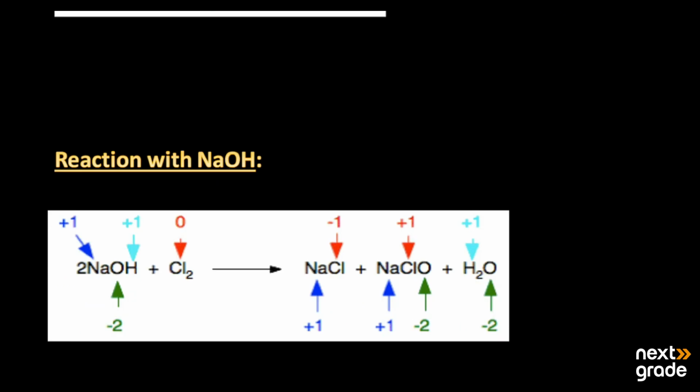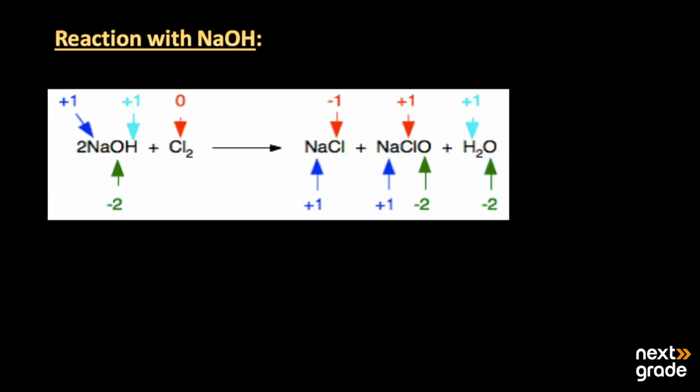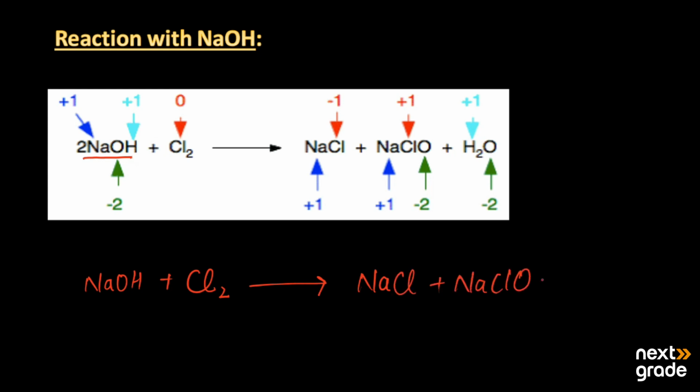Now here we have its first disproportionation reaction with sodium hydroxide. Here we have NaOH, sodium hydroxide. If I write it like this, NaOH reacts with chlorine. After the reaction, the products formed are NaCl and NaClO, along with water.